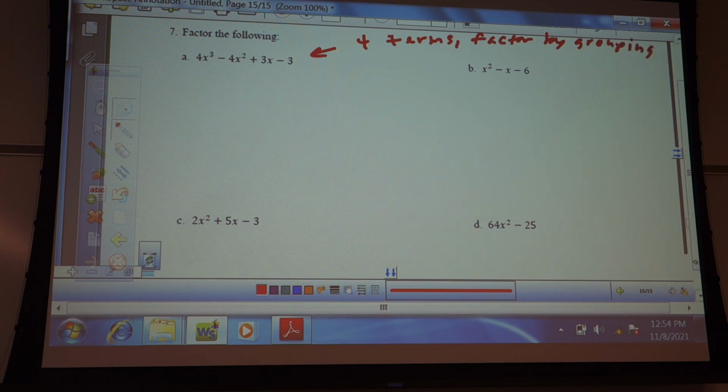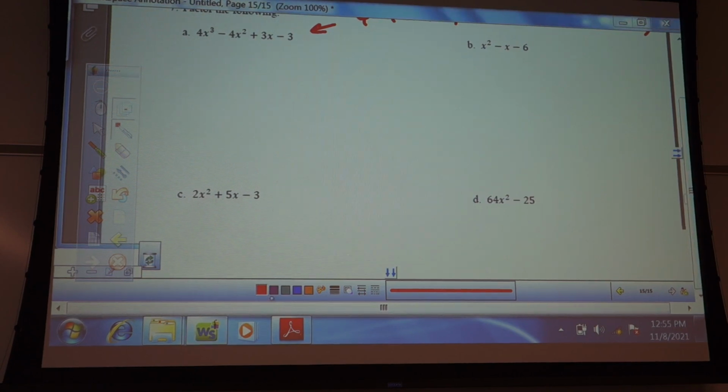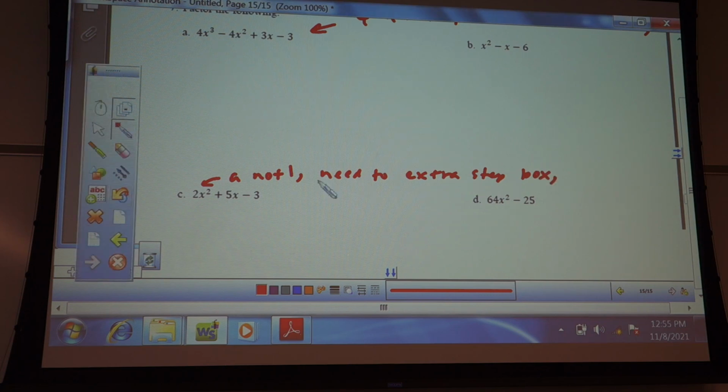Other comment I'll make is, anytime the A is not 1, you need to do the extra step. It's either your box or grouping.